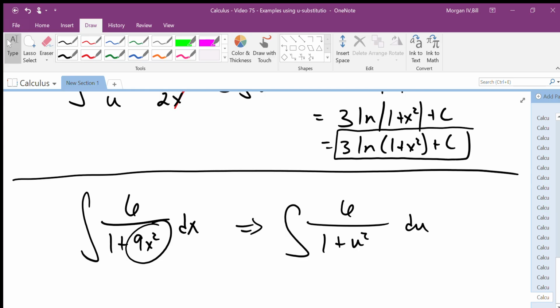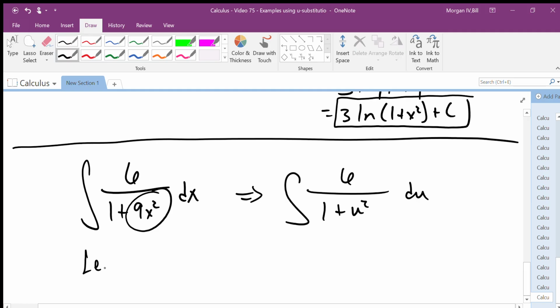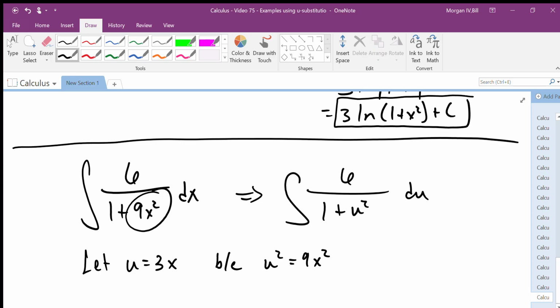So I'm going to let u equal 3x. The reason I'm letting u equal 3x is because u squared then is 9x squared. And so I'm replacing the 9x squared with u squared. That creates this 1 plus u squared in my denominator, which is what I want, not 1 plus 9x squared.